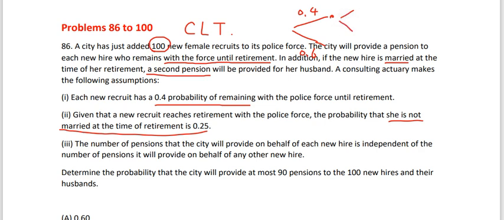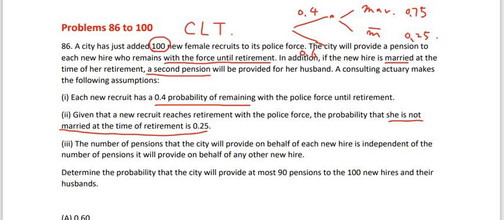Married is 0.75, or 3/4, so not married is 0.25.